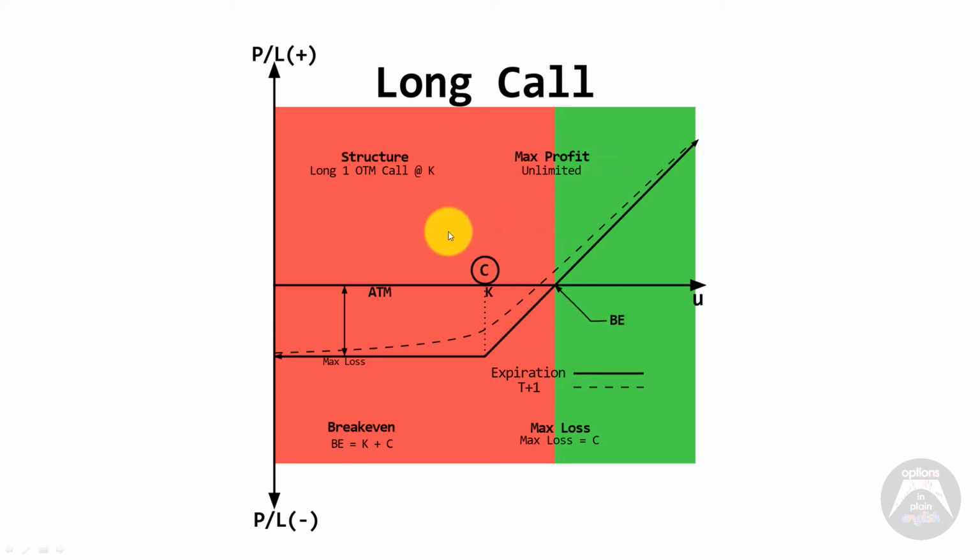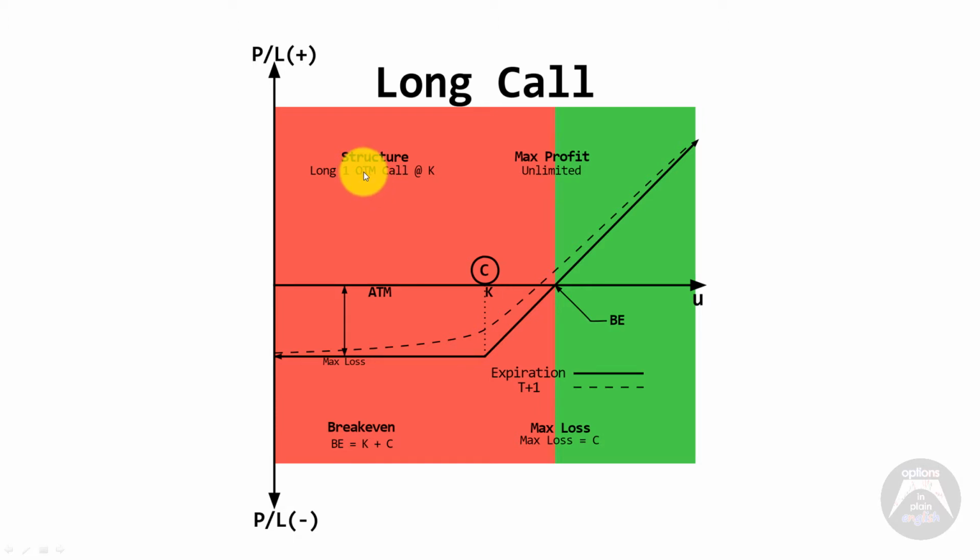For a long call, the structure, meaning how we build it, is we are long one out-of-the-money call. Later on, we're going to see what out of the money means. It basically means for calls any price that's above the current price, which is called at the money.